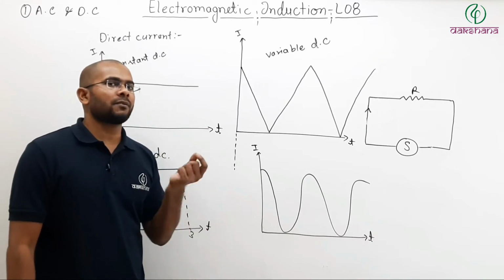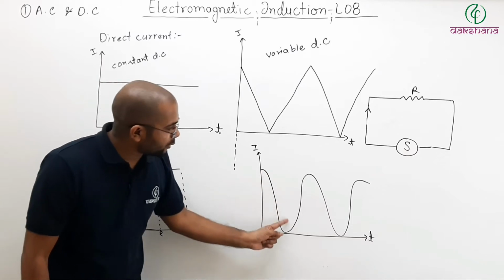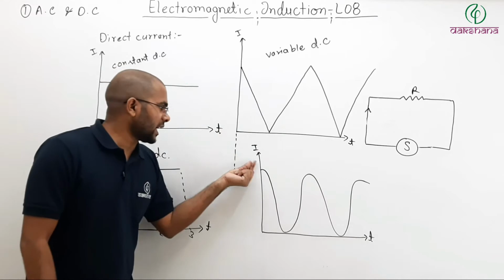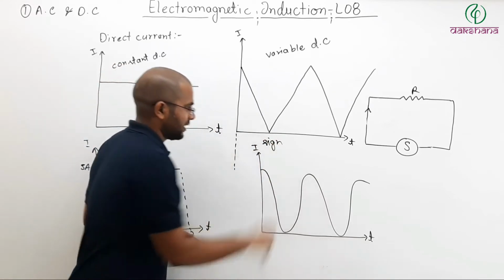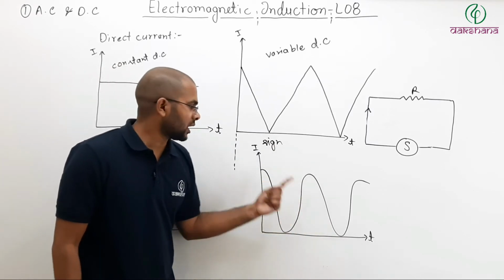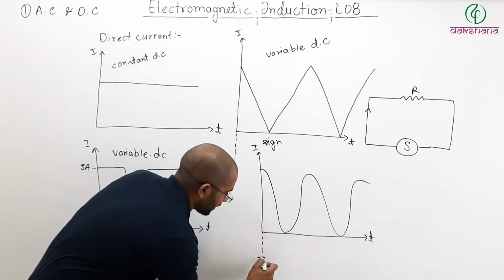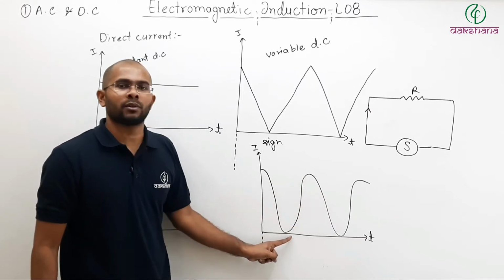But remember what we have to say, we have to look at the direction. So even though magnitude is varying like a sine curve, what about your sign here? Not sine, S-I-G-N, sign. Is it positive or negative? So it always remains positive. The current never goes in the negative, minus I.